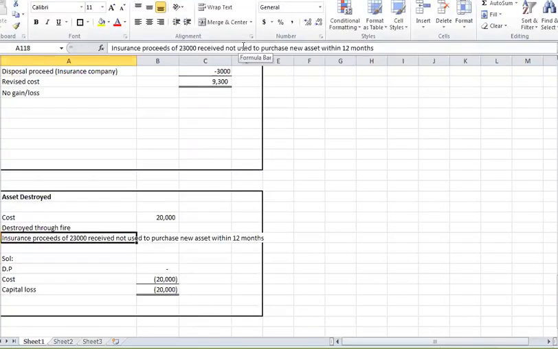This is a small example. We have received £23,000 from the insurance company and we have not used this money to purchase a new asset.